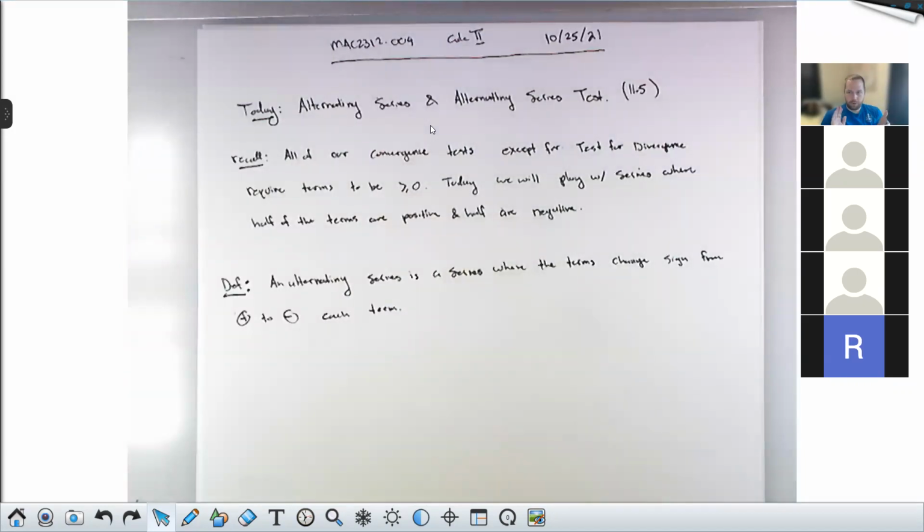Right, so you have a positive term, then a negative term, then a positive term, then a negative term, then a positive term, then a negative term.